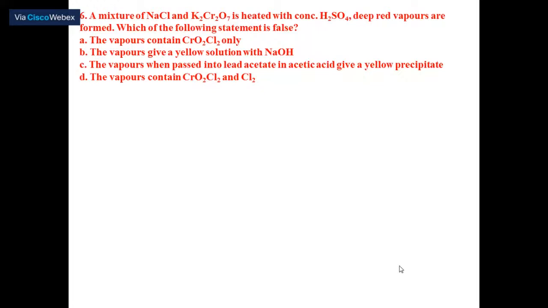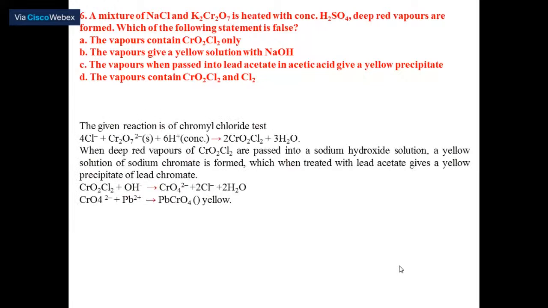Which statement is wrong here? The vapors containing CrO2Cl2 is correct. You can see the reaction I have written here: dichromate treated with NaCl in presence of H+ ion gives chromyl chloride, CrO2Cl2.